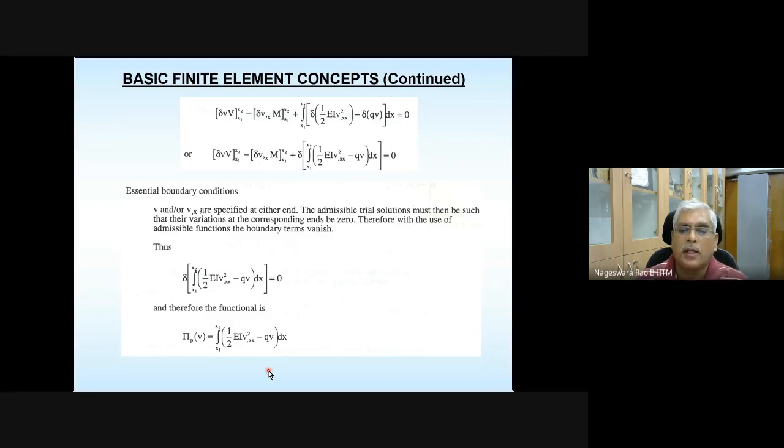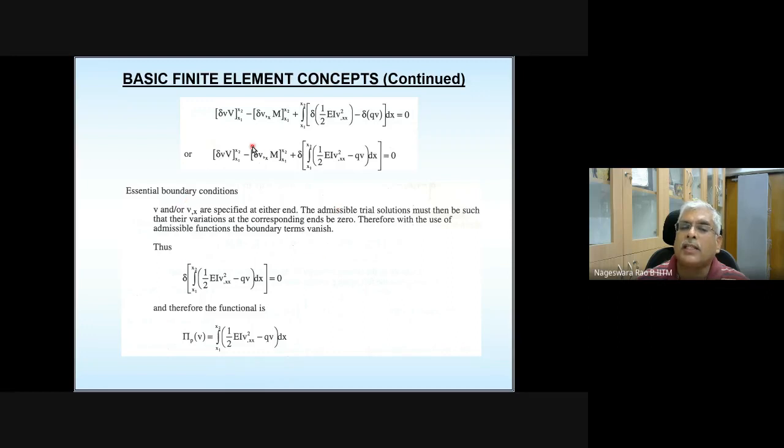So this is going to be your potential energy functional when the transverse displacement as well as rotations are specified at both ends. That kind of assumption we made to understand the procedure.